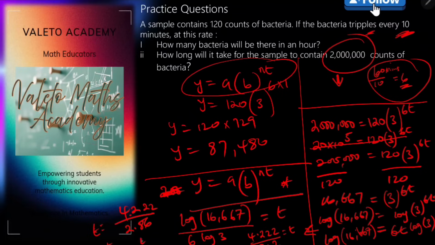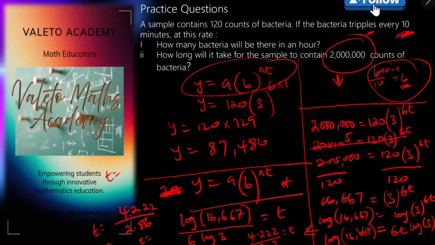So finally, our t will be equal to what? 4.222 divided by 2.86.